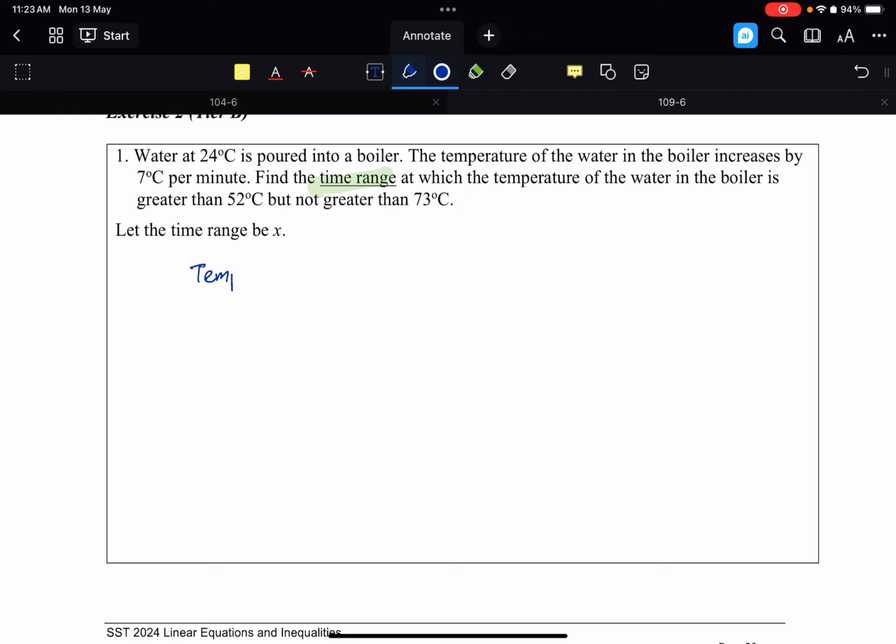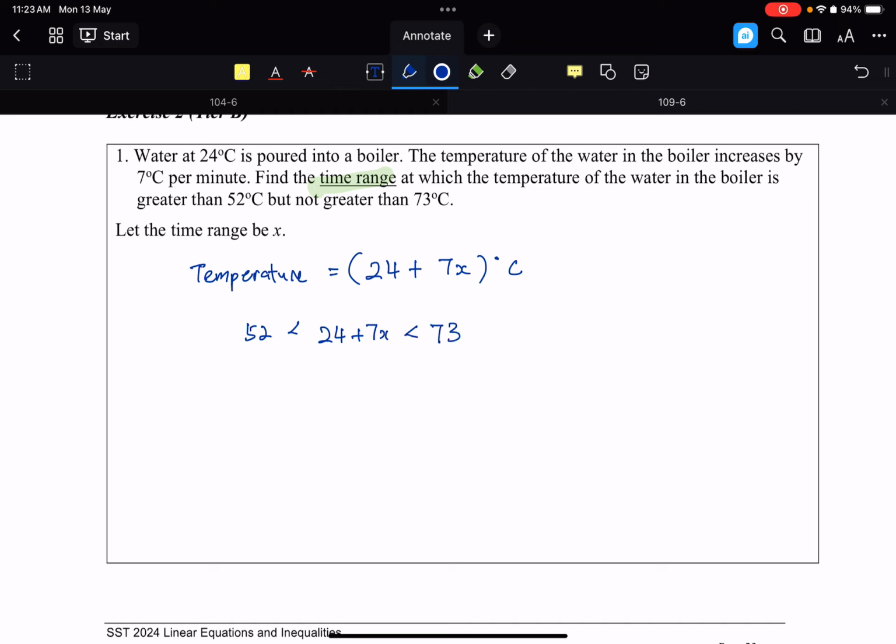Temperature. What is the temperature? The temperature is actually, it starts from 24 degrees and every x minute, we include a 7. So this is actually the temperature. Okay, so what we want to find is we want 24 plus 7x to be in between 52 degrees Celsius as well as 73.